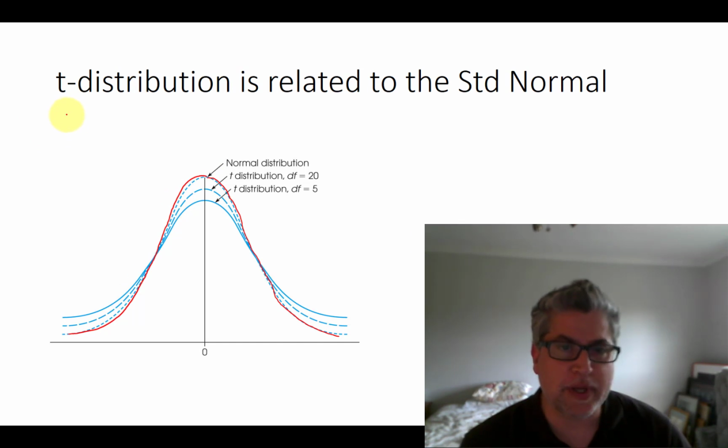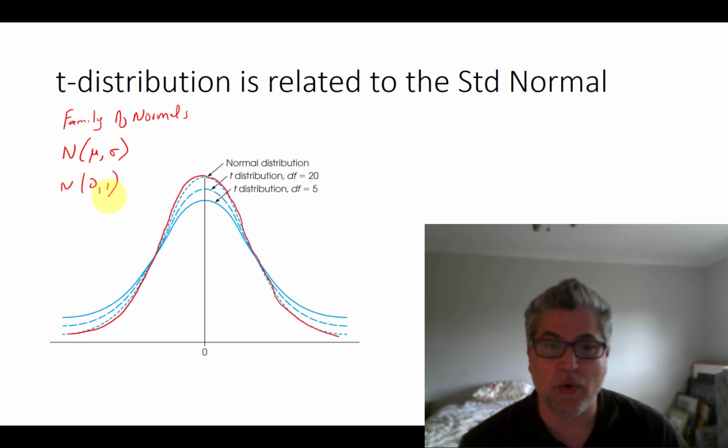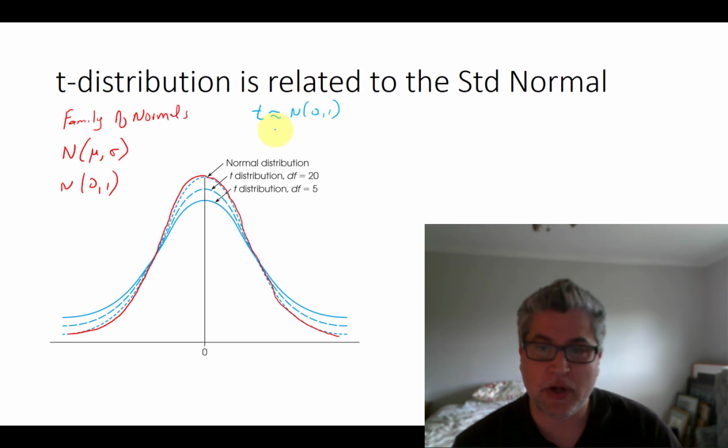Now the normal, you'll remember, is a whole family of distributions. So we would talk about the normal, and they could differ by having different means or different standard deviations. And one of these was the normal 0, 1, what we call the standard normal. The T distribution is similar to the standard normal, but it actually depends on an additional parameter, something called degrees of freedom.